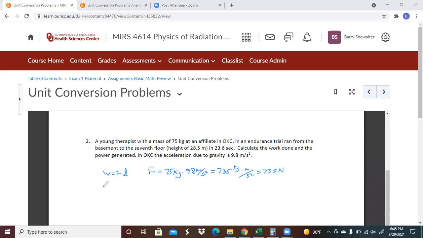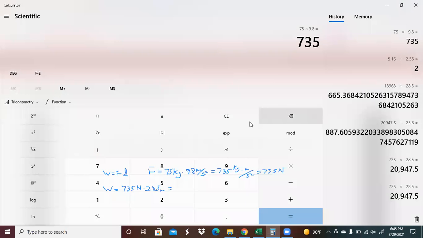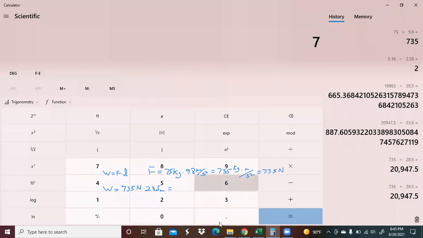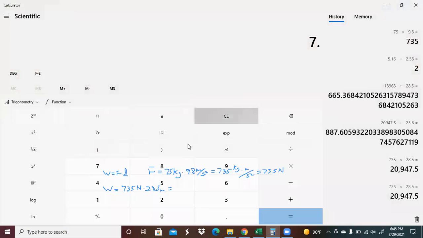Now, what's the distance? Well, the distance is going to be 28.5 meters. So we've got 735 times 28.5.